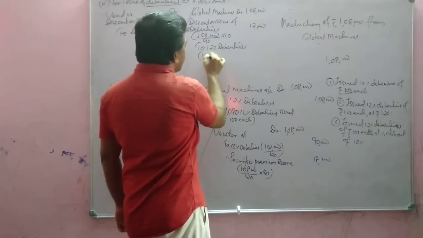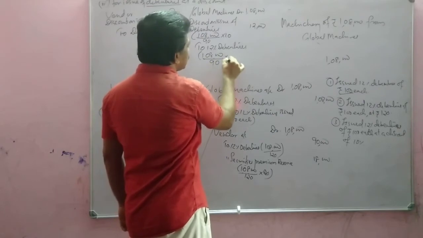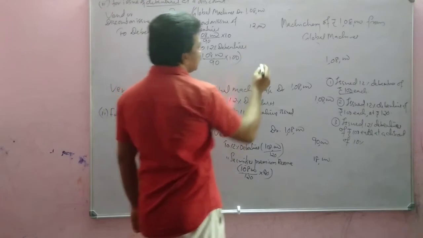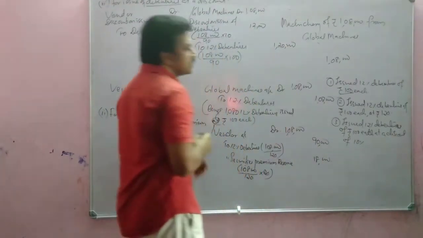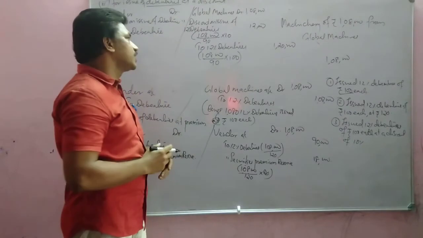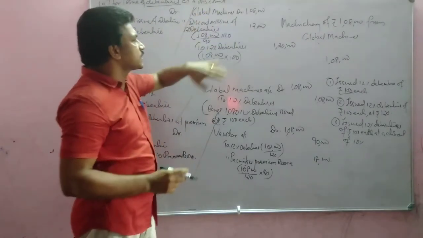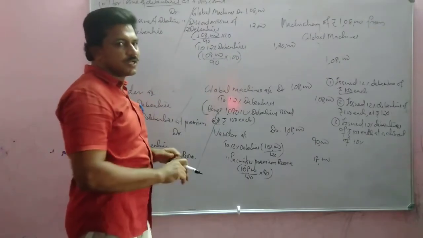If 1,08,000 is after deducting discount, what will be 100? That means face value. How much will it be? 1,20,000. Okay. So that is the journal entry: vendor debtor, discount on issue of debentures, debtor to debentures or debenture capital. That is the journal entry.